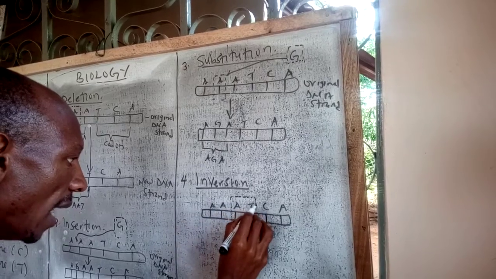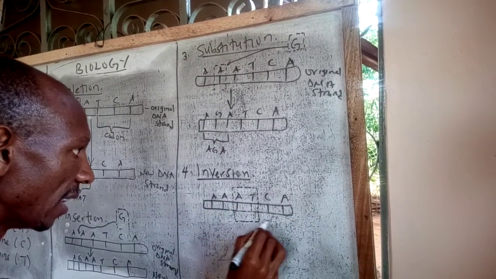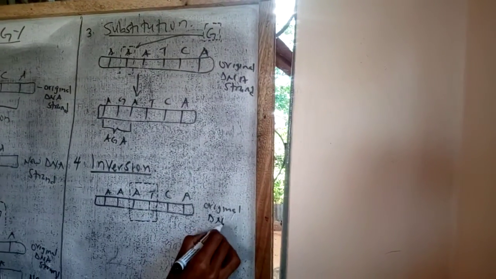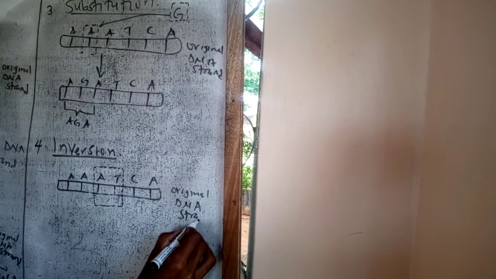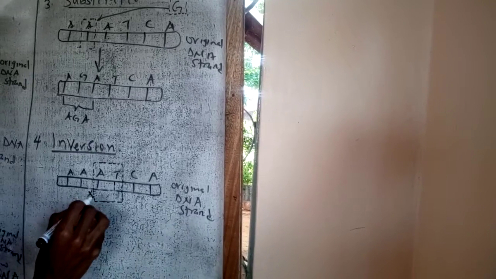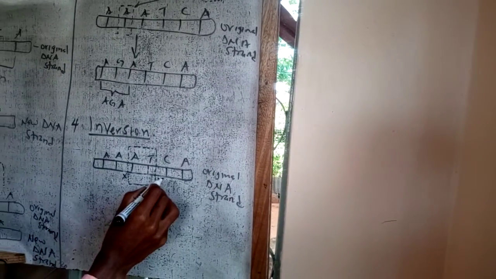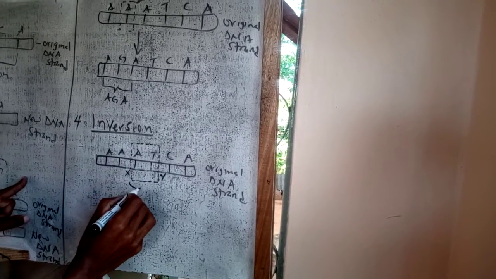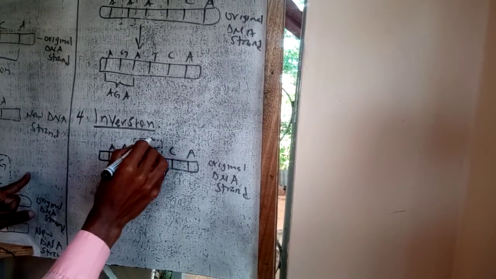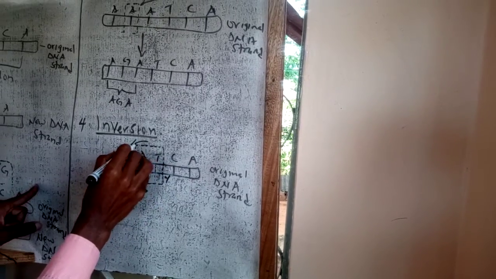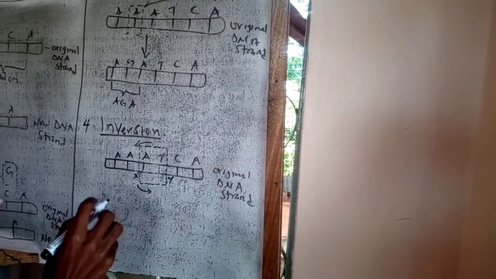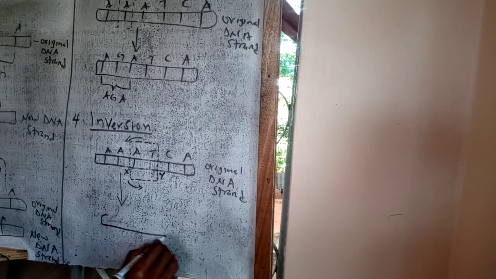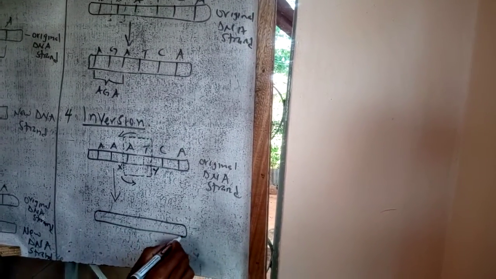This is the middle piece, and therefore the original DNA strand will break at point X and Y. Will break at point X and Y, and therefore once it breaks, it rotates through an angle of 180 degrees, and therefore on rejoining, it will reverse the nitrogenous base.